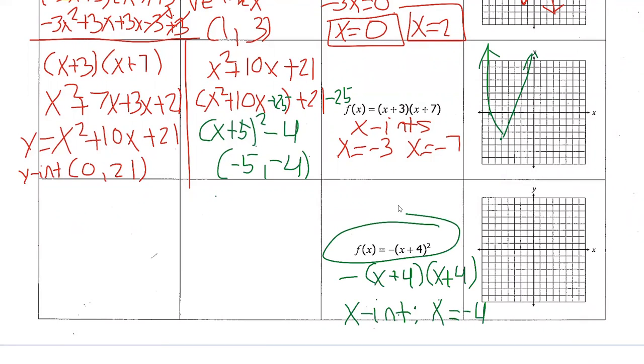So you actually don't need to do this one either, because how they wrote that factored form is also vertex form. Usually you want it expanded, but your vertex is really going to be -4, 0.